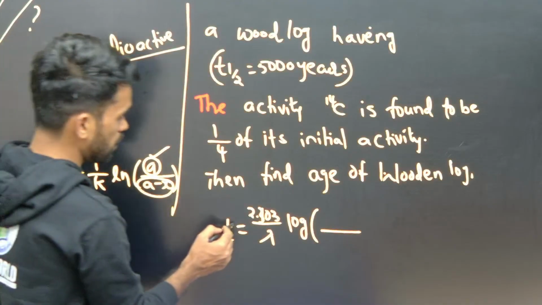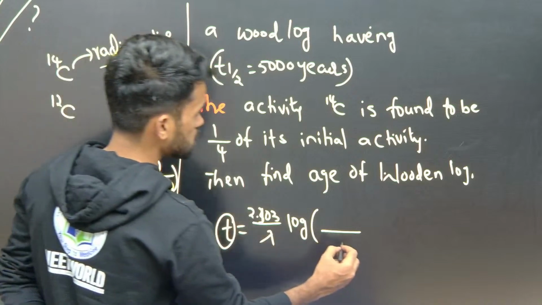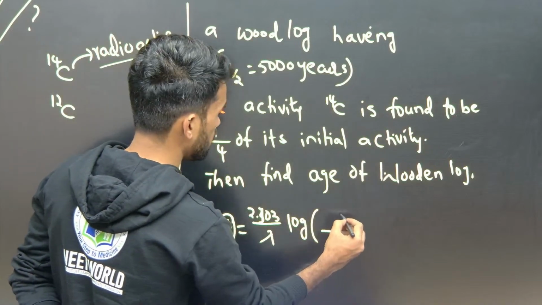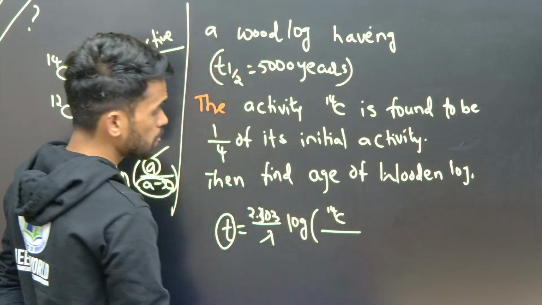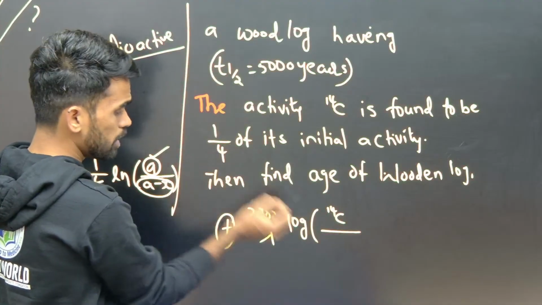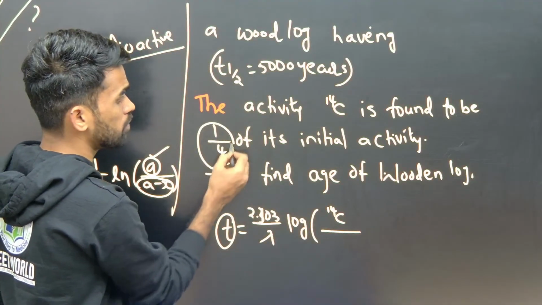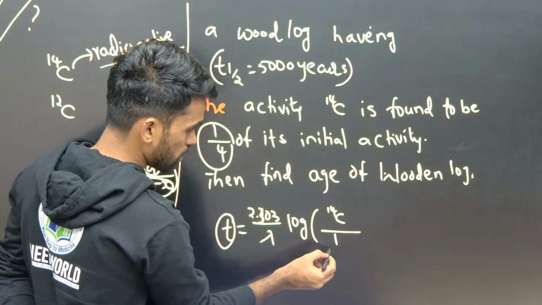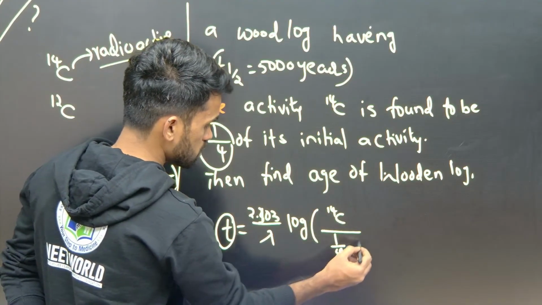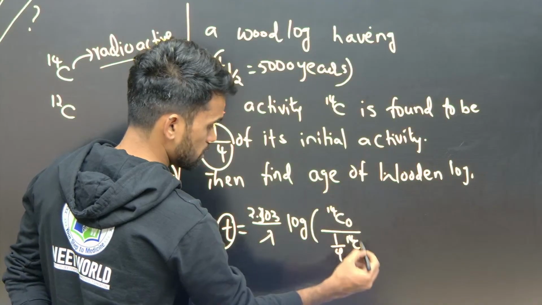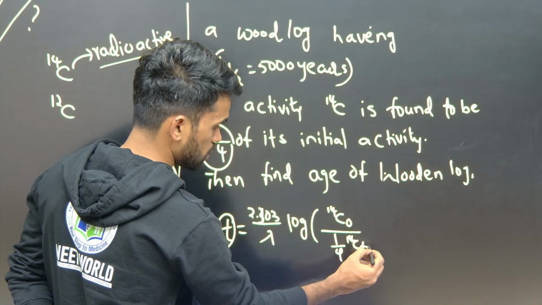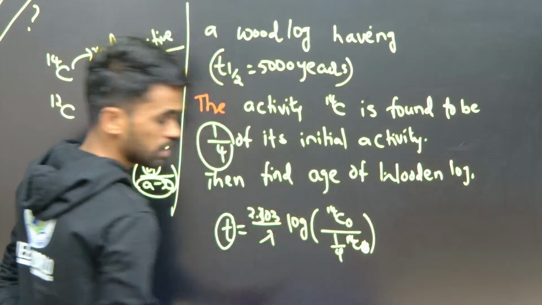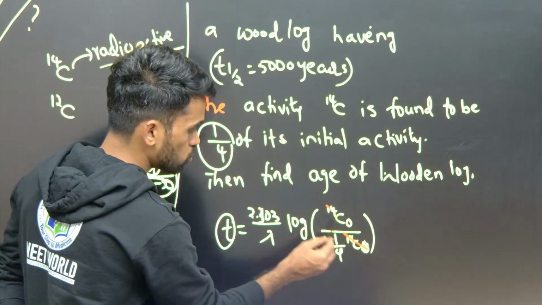Initially it is C14, and now it is found to be 1/4 of its initial activity. So 1/4 of C0 is what remains at time t, and you can remove these two values.